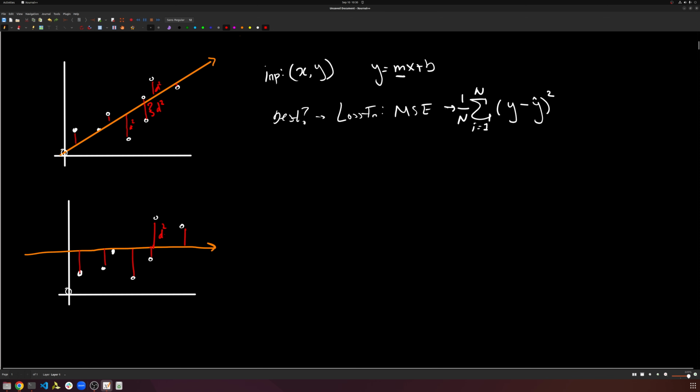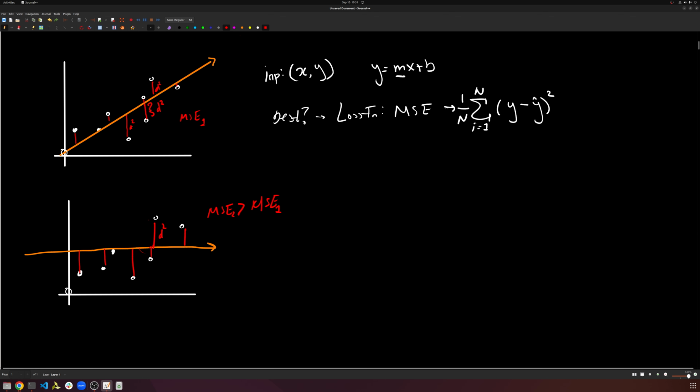And we would assume, by looking at the picture, that if we took the average of these d squares for our entire data set, like all of our inputs, this one's MSE should be greater than this one up here, right? So this is MSE2 is greater than MSE1, right? This one has MSE1, and this one will have MSE2.